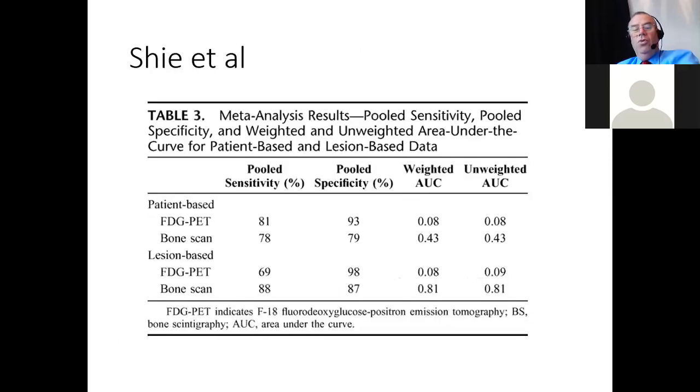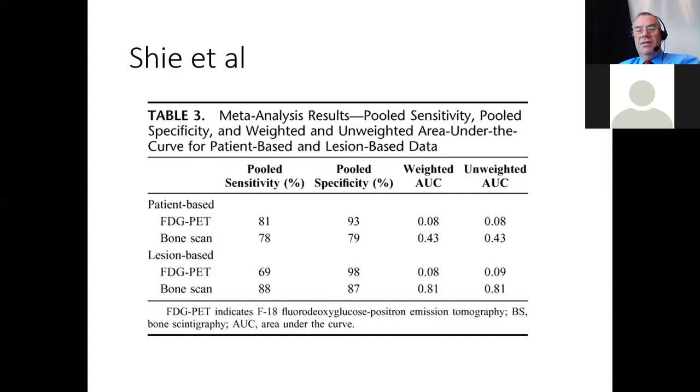But overall, when they looked at the comparison of sensitivity either by patient base or by lesion base, it was clear that in both cases the FDG PET was better in terms of whether or not the patient had disease. Now, at this time, they said that the bone scan was better for finding small bone metastasis. And we understand the reason for that.